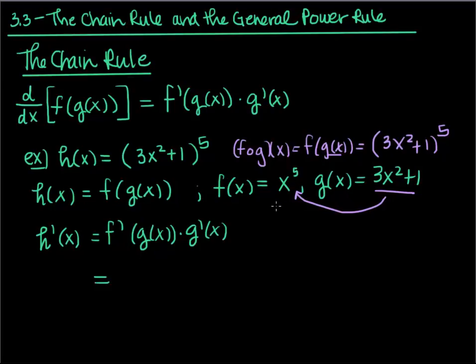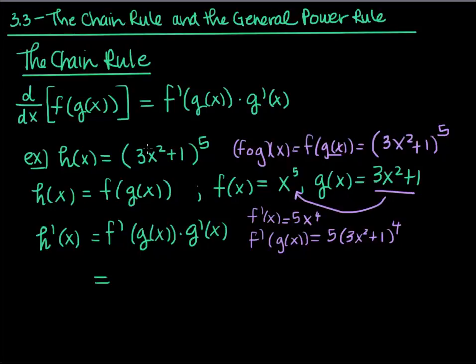What would f prime of x be? In this case it is 5x to the 4th, which is pretty easy to see. So what would f prime of g of x be? That just means everywhere I see an x, I put g of x. I've taken the derivative and evaluated it at my function g.